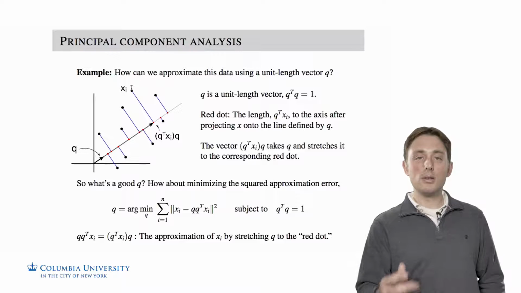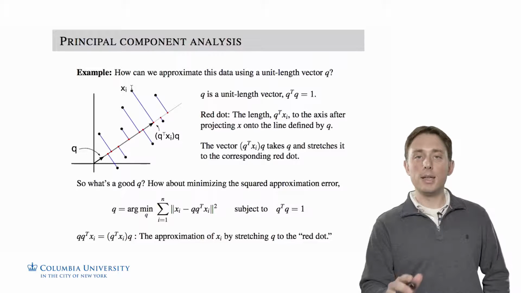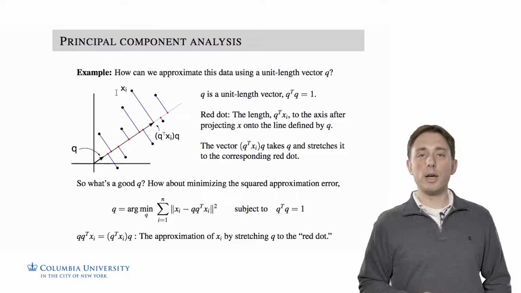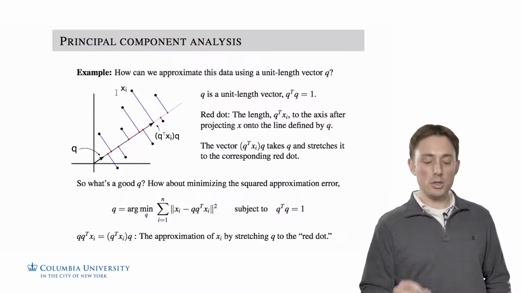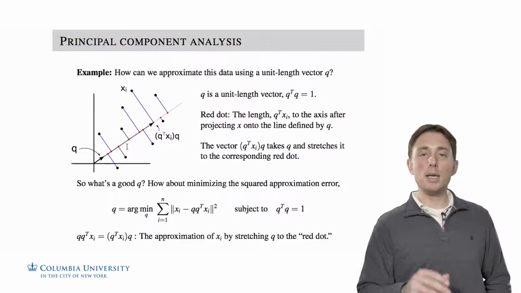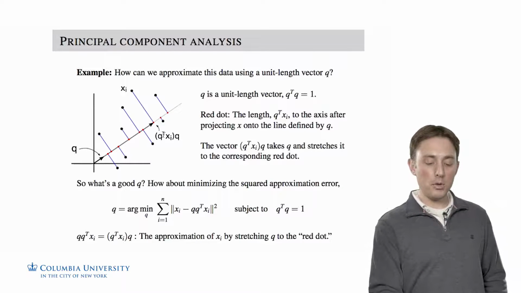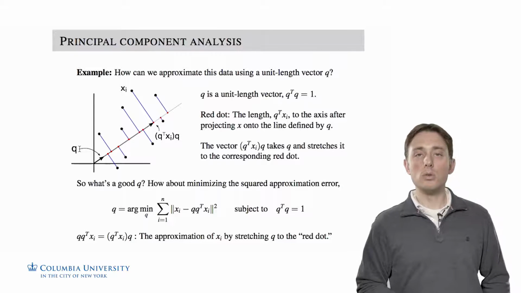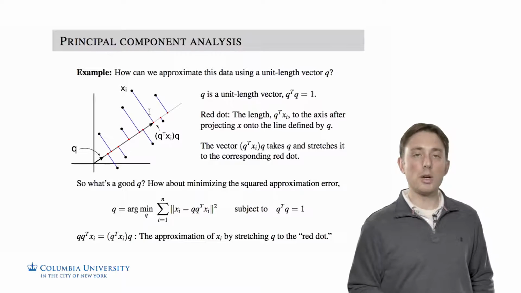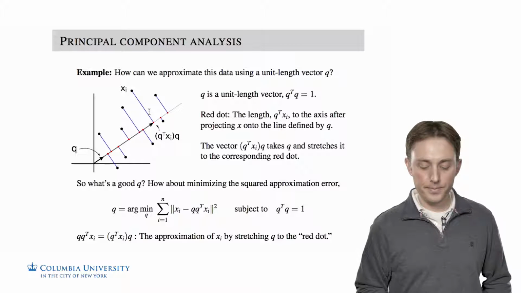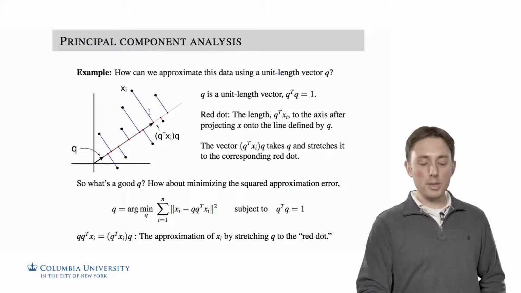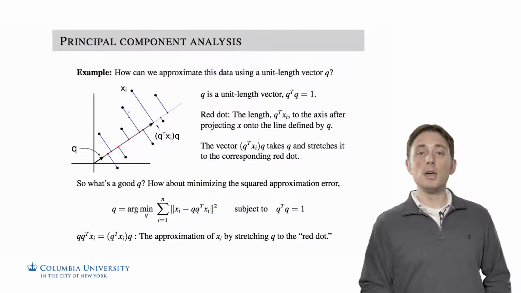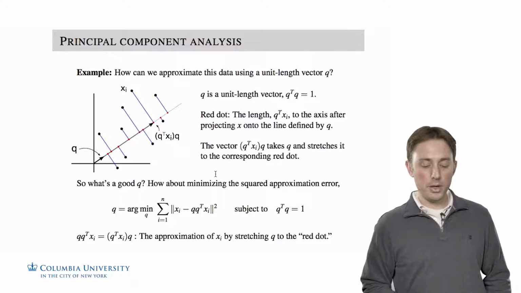So I've done a very trivial and not interesting example of dimensionality reduction by taking a two-dimensional vector and reducing it now to one dimension. For each of these points, I need to keep only one number, the value of q transpose xi. And then also somewhere I need to keep the vector q, potentially, if I want to try to reconstruct this space. As simple as this seems, and as potentially uninteresting given this plot, this is the basis for PCA, and it's very important and very useful.